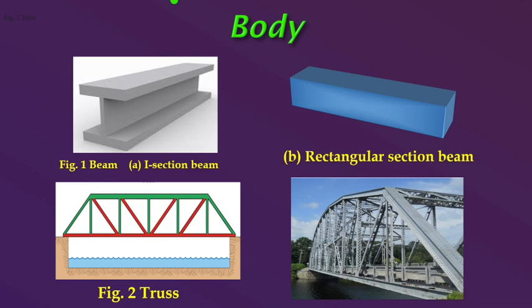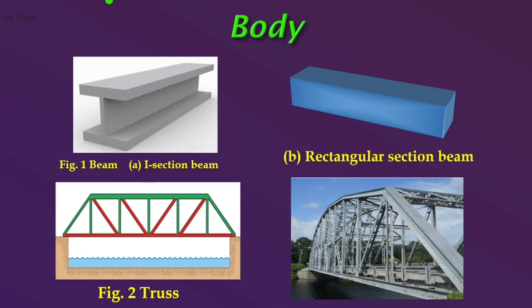In your house, a number of beams are there, which is a horizontal bar type object. Horizontal means it supports the vertical load. A beam is always subjected to vertical load.